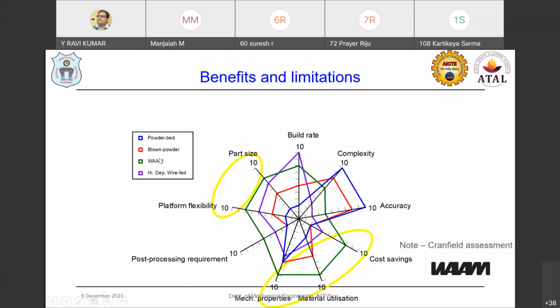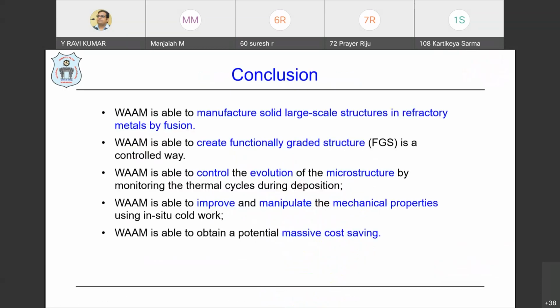And if you want material mechanical properties, material utilization and cost saving, we need to go for the VAM process. Depending on this spider chart, we can choose the process for a particular application depending on the complexity, part size, platform, or the mechanical properties.